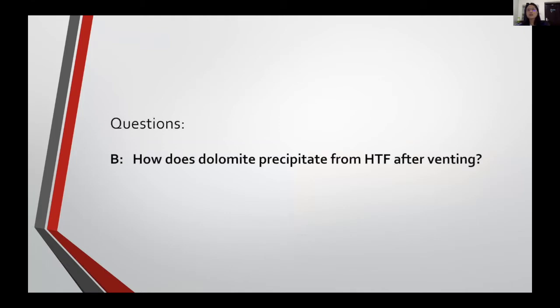After confirmation of the mixing process, the next question is how hydrothermal fluids support dolomite forming after venting.